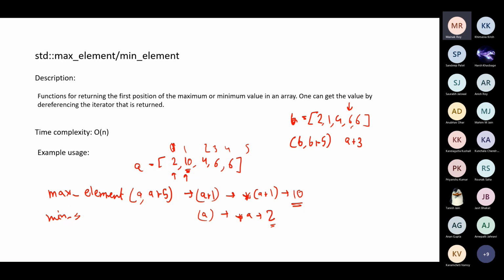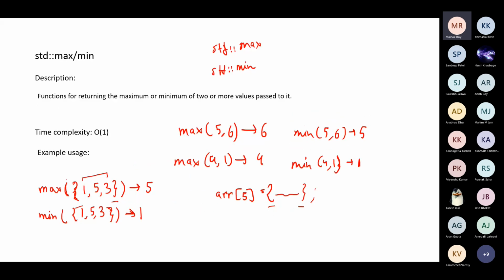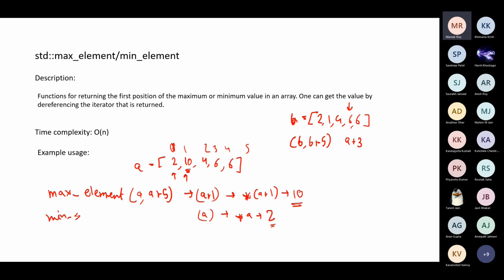But generally, if you're looking for max, you know what you mean by maximum, so the largest value. Probably you can pass a comparator. I'll have to check. The basic difference between max element, min element, and max min is that max min is usually used to compare only 2 or 3 values, and max element is when you have a proper array or vector.